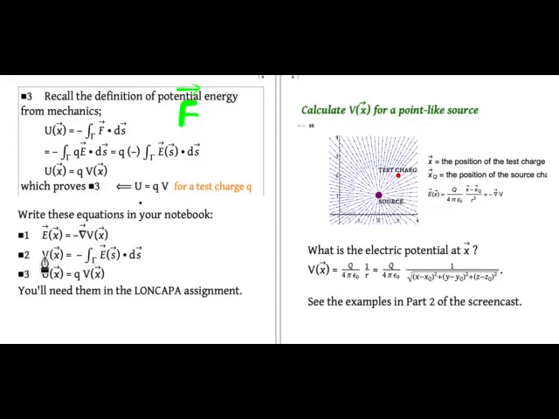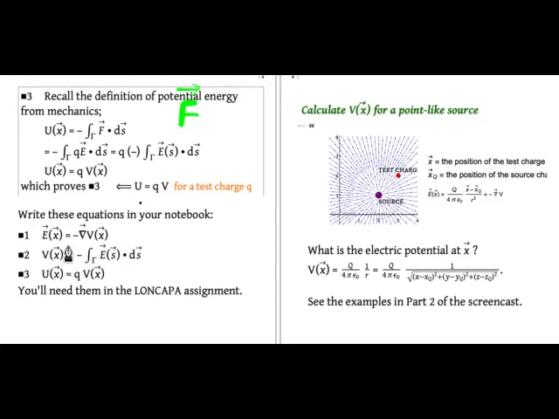And V can be written as the negative of the line integral of E dot ds. E dot ds is E times S times the cosine of the angle between E and S. It's the tangential component of E times the length along a curve. And so it's sort of the integral of the tangential component of E along a curve, which ends at x.